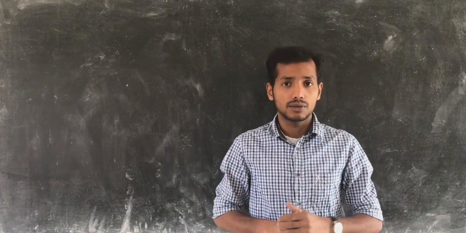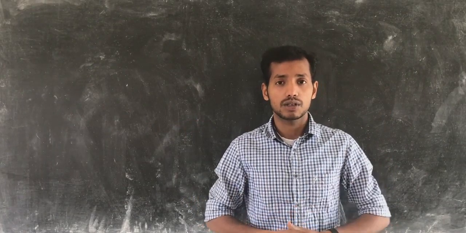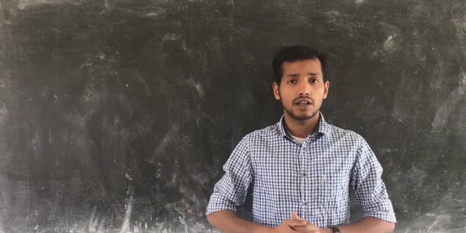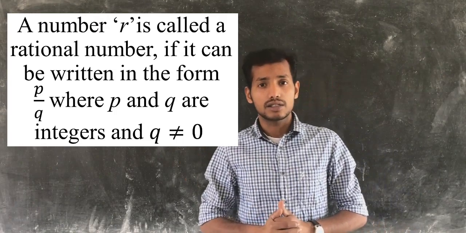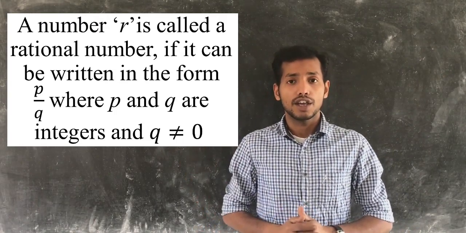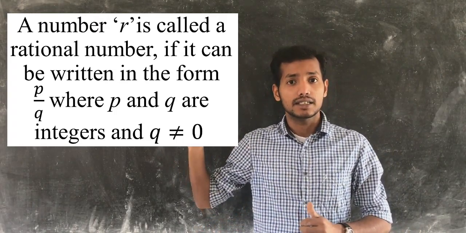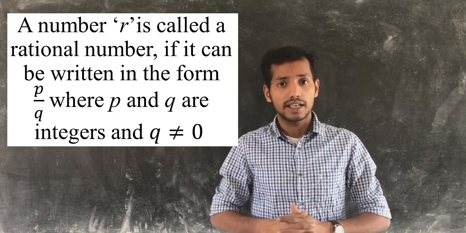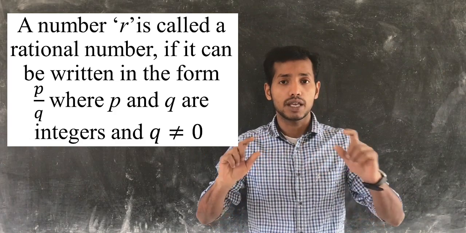And finally, we learn rational numbers. What are rational numbers? The definition says that a number R is called a rational number if it can be written in the form P by Q, where P and Q are integers and Q should not be equal to 0.